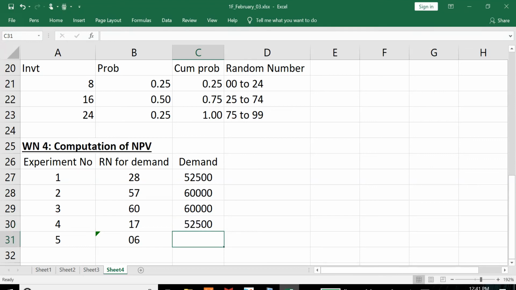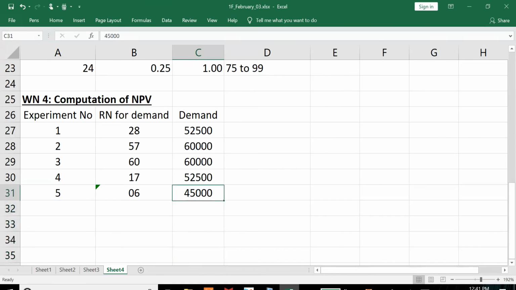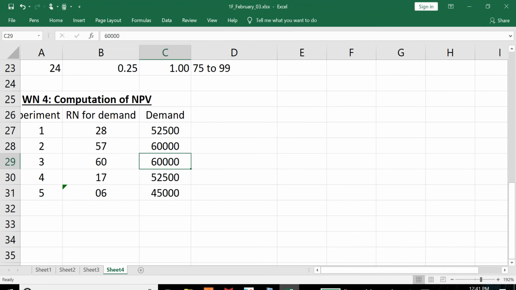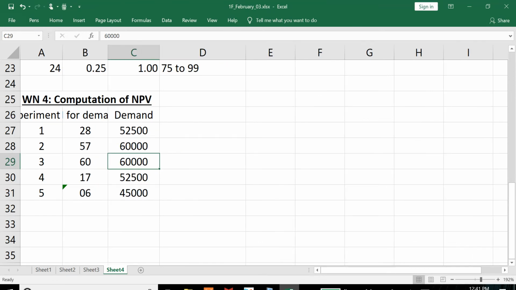And 06? 45,000. Okay, that is my demand. Now I can run this experiment any number of times I wish to. We did this experiment for demand, so I have found that the demand is going to be these numbers, 52,500, 60,000.